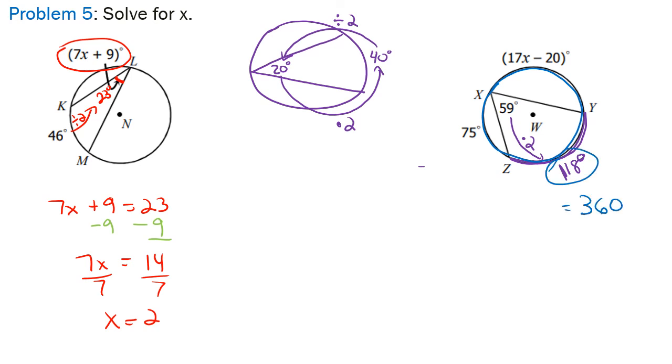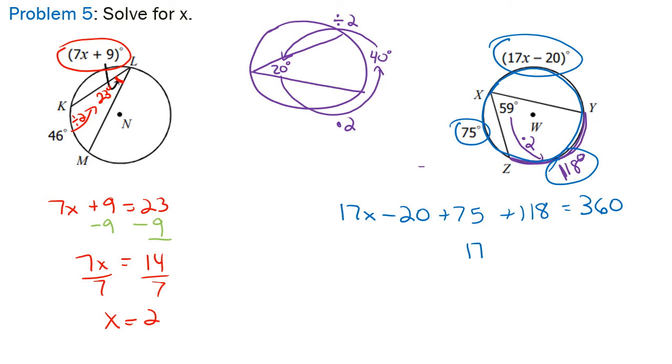So if I take this, this, and this, I can make an equation of them all added together to equal 360 degrees. So I have negative 20 plus 75 plus 118. I have 173.